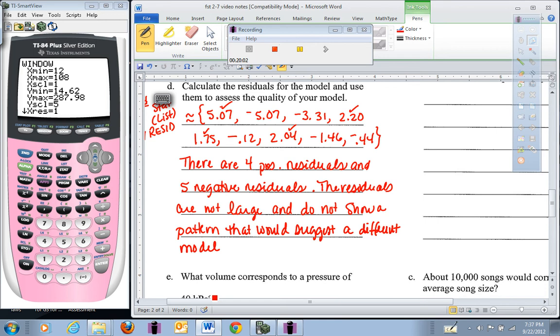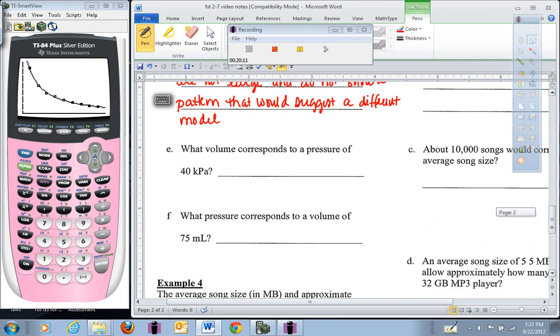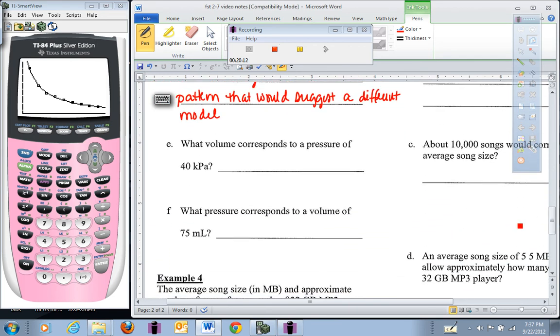Okay? Now, once we have this model and we have it graphed, we can use it to make predictions. We want to know what volume would correspond to a pressure of 40. Okay, what would go with a pressure of 40? Well, we have to think about how we put the data in our calculator. The pressure is a Y value, I believe.